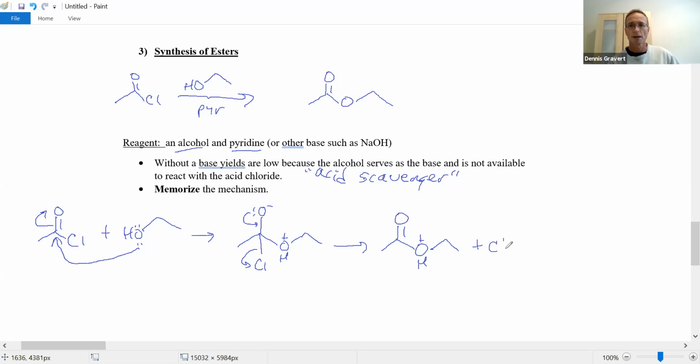And then Cl minus. Okay, I'm putting this part in double parentheses, meaning don't include this in your mechanism. But I wanted to explain the acid scavenger part. Let's say you set up the experiment in the lab, and you forget to add the pyridine or some other base. In the homework, I think there's one problem that instead of pyridine, they decided to use a little sodium hydroxide.